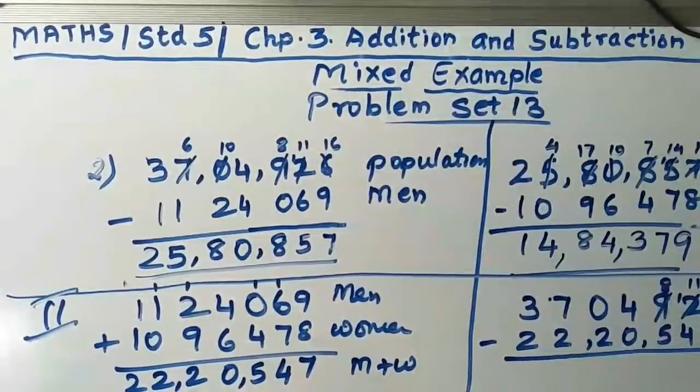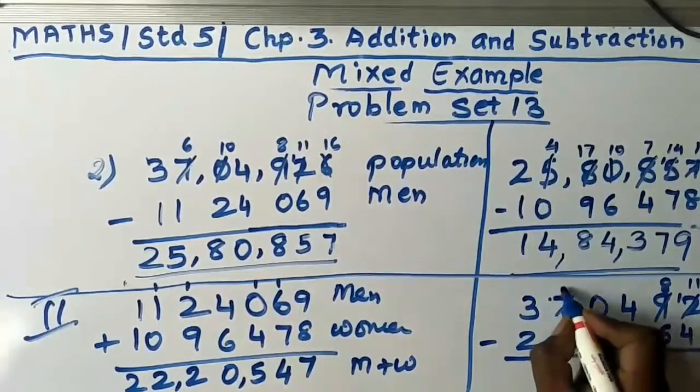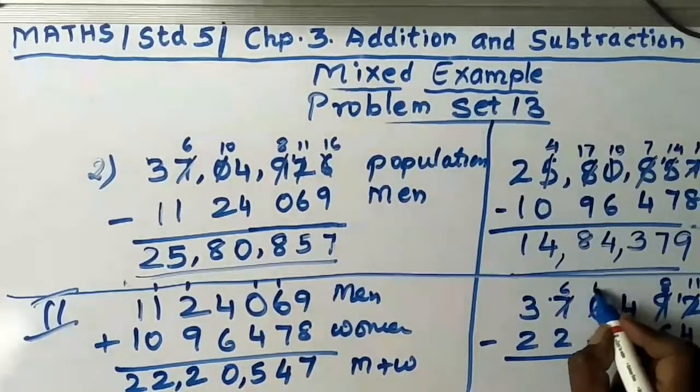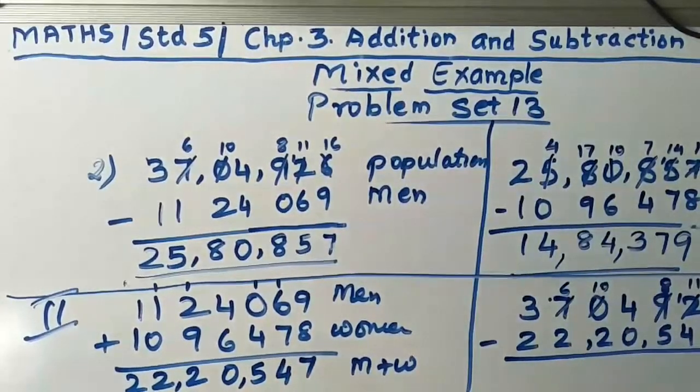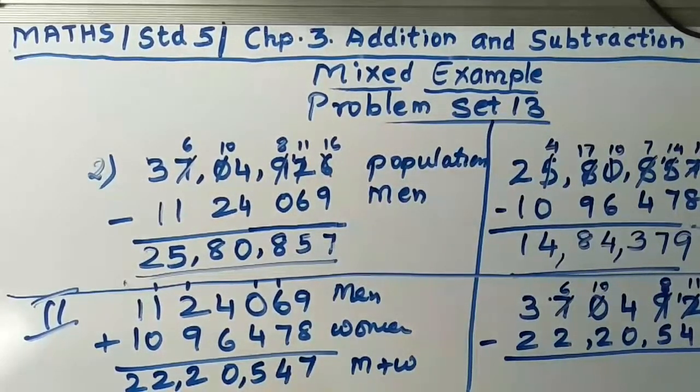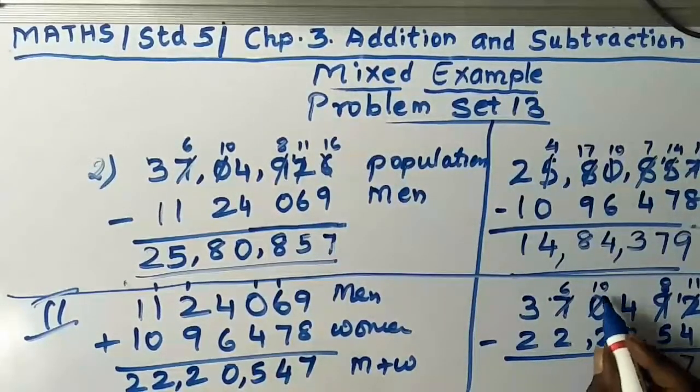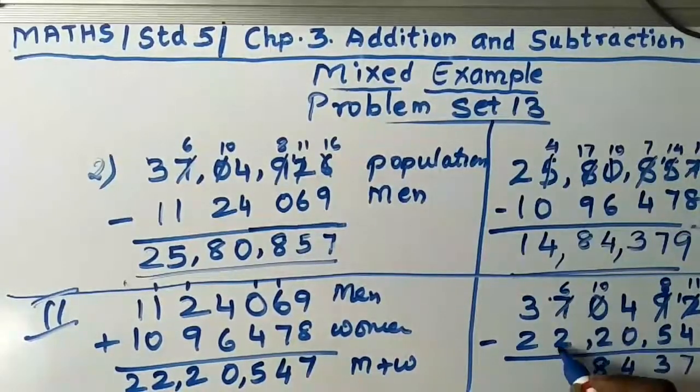This will become 16. 4 minus 0 it goes. 0 will not go in 2. So I'll carry here 6. This will become 10. So 16 minus 7 is 9. 11 minus 4 is 7. 8 minus 5 is 3. 4 minus 0 is 4. 10 minus 2 is 8. 6 minus 2 is 4. 3 minus 1, 2. You can tally the first method and this method.